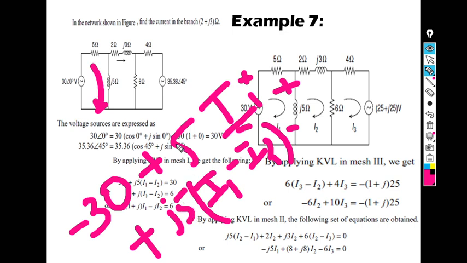Now it is 5 for resistance, it is J5 for inductance, right? Now that is equal to 0.